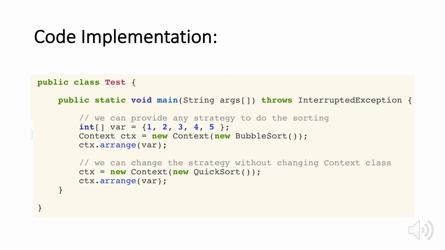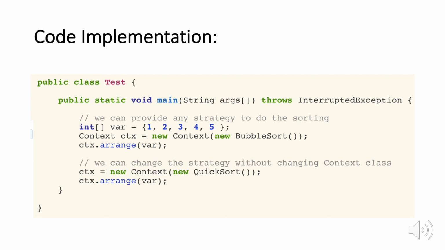To check the working functionality of the strategy design pattern, we have defined the main class, the main demo application. In this, you have seen that we have taken the variable of numeric data from 1 to 5 numbers, and to perform the sorting operation, firstly we are creating the context variable ctx, and inside its constructor we are passing the type of strategy.